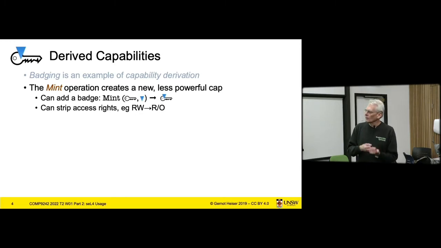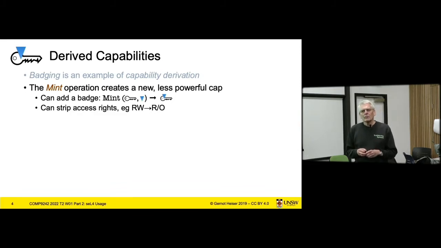So one version of that is badging. A badged capability is more restricted than a general purpose capability because for one thing you can't badge it again. Badging is a one-off. And the other thing is, it provides more information in that sense, less general.